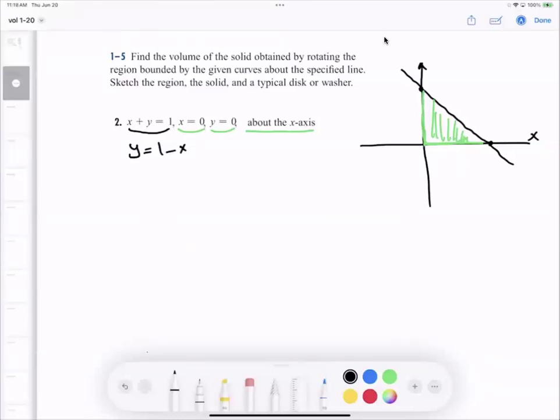So the rotation about the x-axis is similar to taking this and rotating it about the x-axis. We expect it to be a 3D object like this.